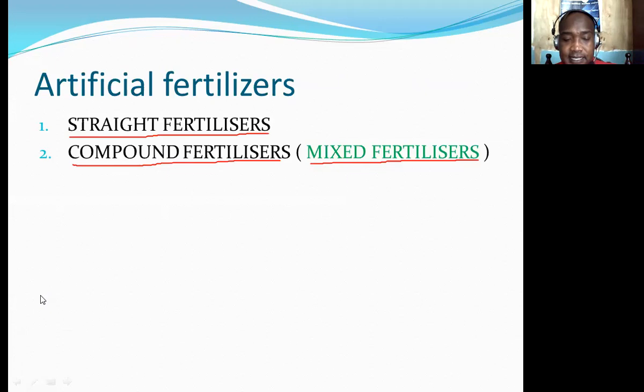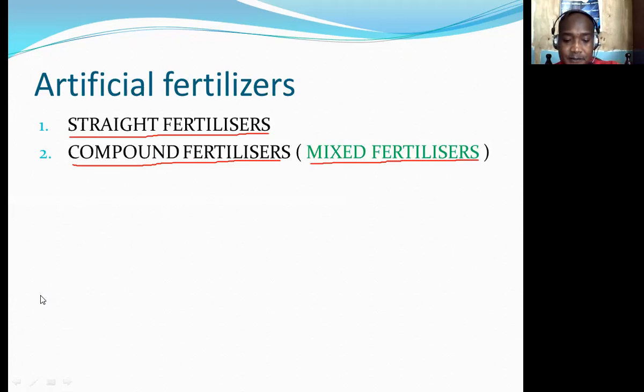Example 3, it is DSP, in full double super phosphate. Lastly, we have TSP. TSP is a phosphatic fertilizer. It means triple super phosphate. Lastly, let us see potassic fertilizers.